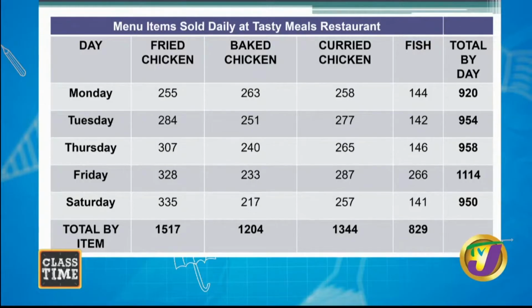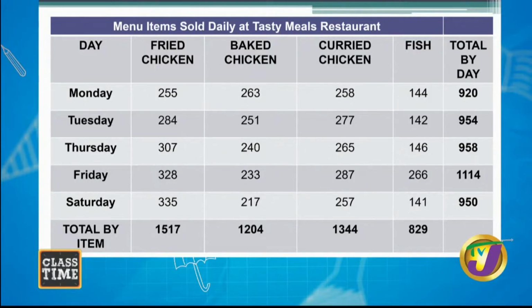So look at the fried chicken trend. What's happening with it? Look at the one for the baked chicken. What's happening there? Look at the curried chicken. What's happening there? Look at the fish. Then look at the daily total. What is going on with the daily total?